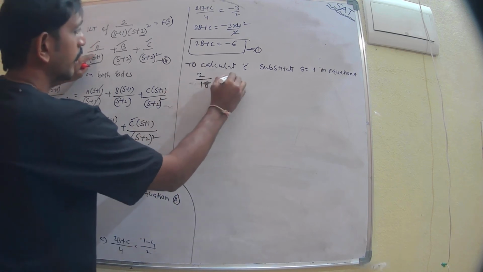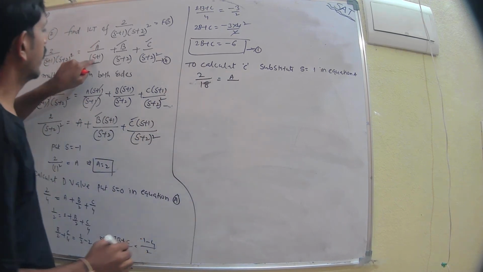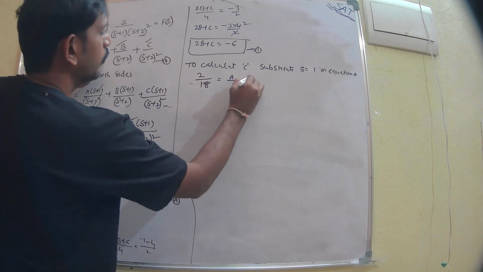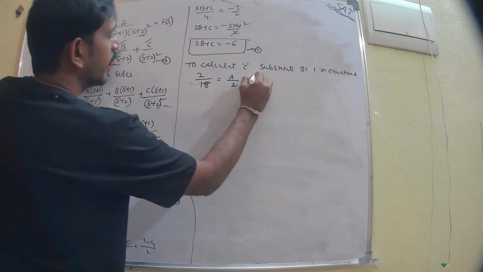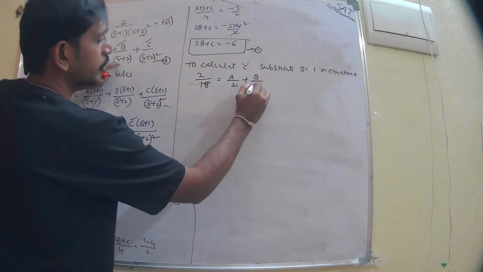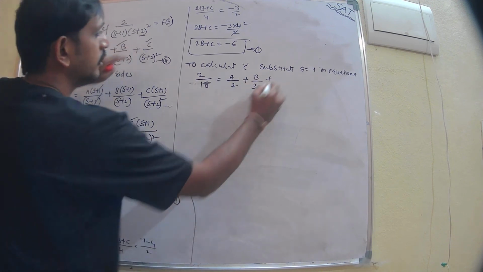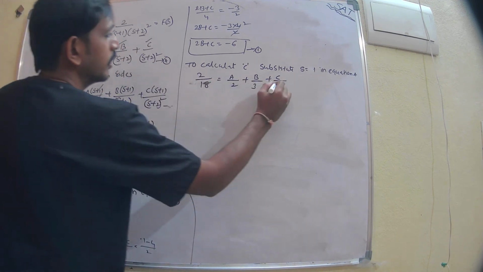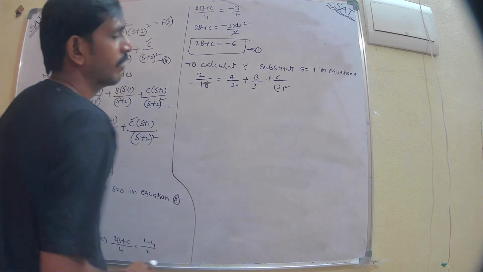Next, A by 2 plus B by (1 plus 2), 3, plus C by (1 plus 2), that is 3 square, simplify.